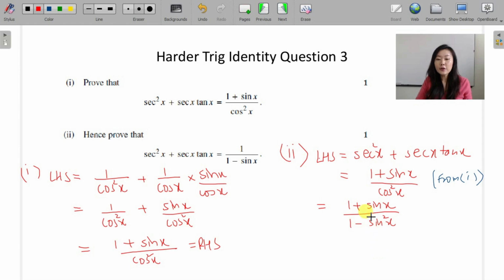Okay, so this is actually a difference of 2 squares. So basically you have 1 minus a squared essentially, right? So that's 1 minus a, 1 plus a, difference of 2 squares factorization. So that's what we're going to do.